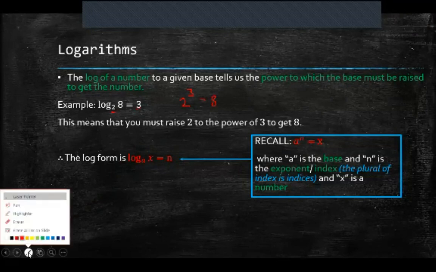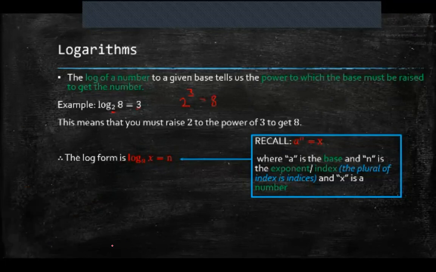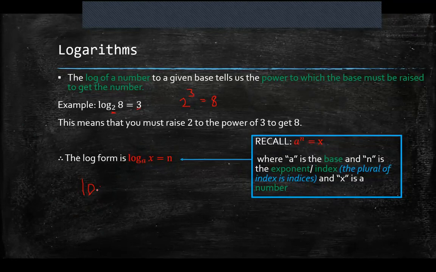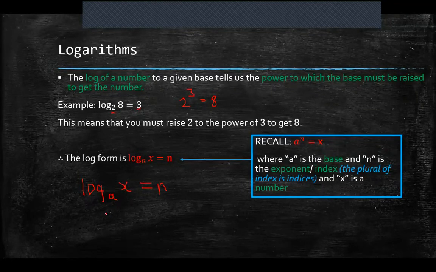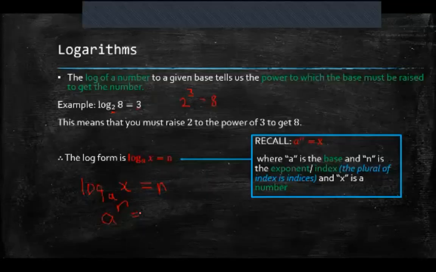So let me just write it out. What does this mean? Log of a number, so my number is x, to a base a is equal to n, or I can write this as a to the power of n is equal to x.